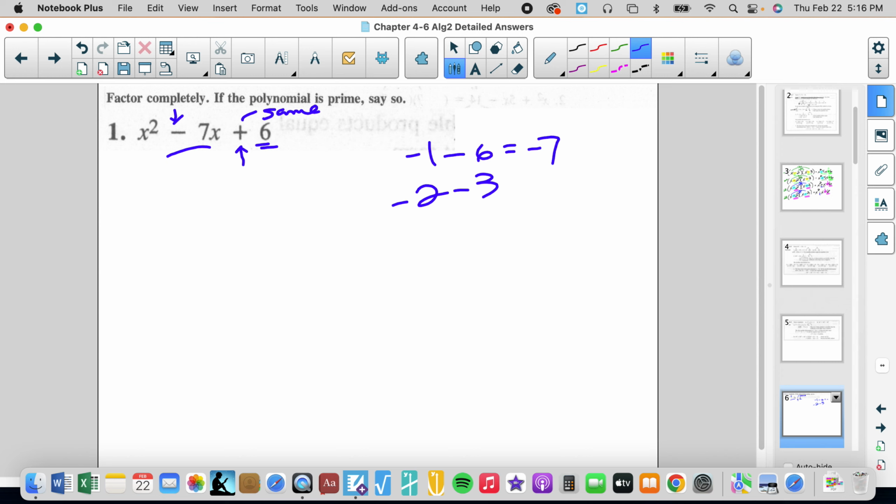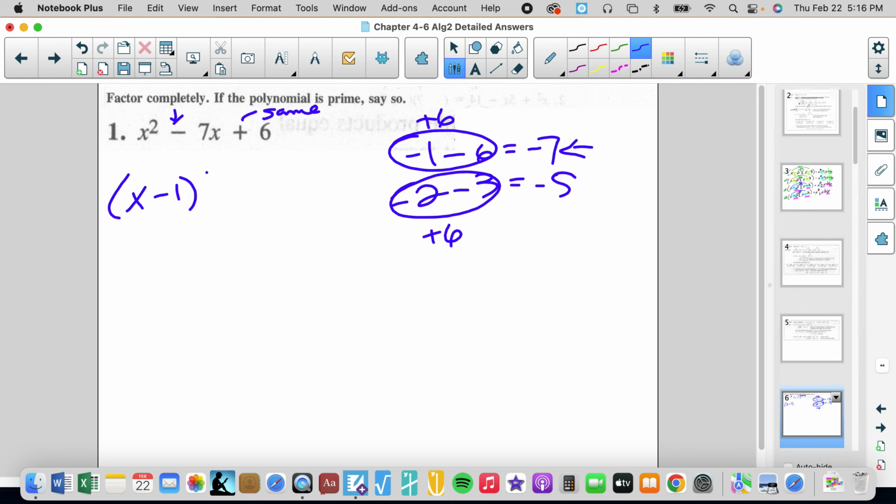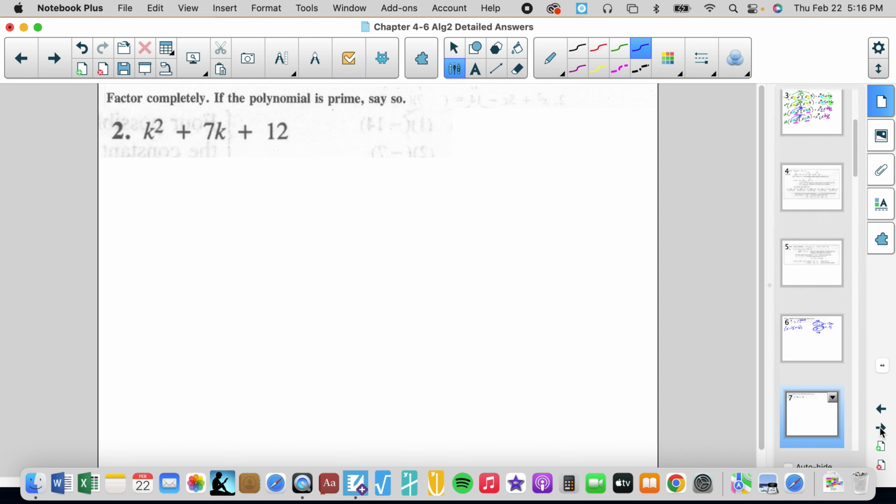If we multiply those two, we get +6, but when we combine them, add them, we get negatives. Well, that's a product, and this is an addition. So which two equal -7? It's this one. So x minus 1, x minus 6. And those are my factors. That's factoring it. So I know that my signs are the same.